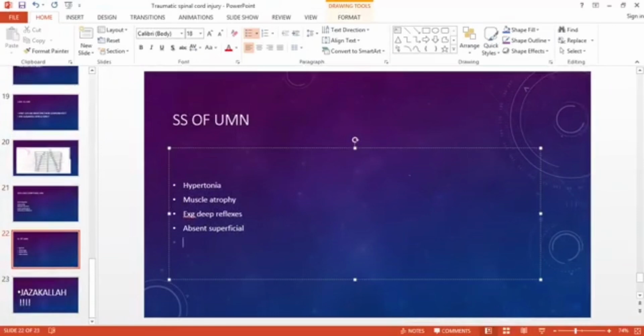What else do you expect to happen in upper motor neuron disorder? Yeah, there'll be no fibrillation, no fasciculation. But you need to tell what is there. A lot of stuff will be normal and won't be there.